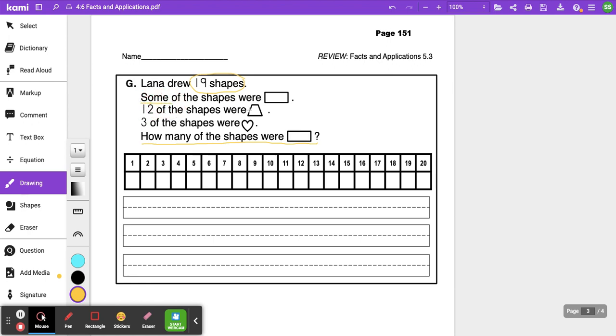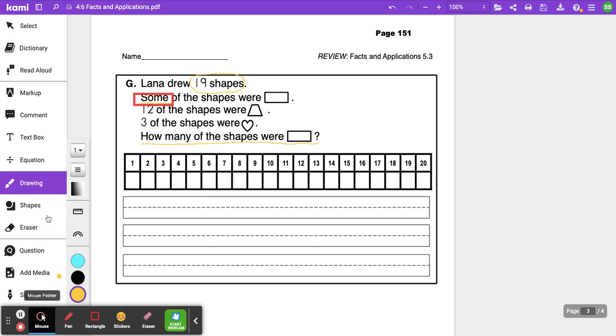Some of the shapes were rectangles. What was the important word here? Some. Ding, ding, ding. We should be hearing that. And also, some is not a number. So I know that's my answer box, my question box. I don't know that number. Some, a few, more, less. Anytime they don't give you the exact number, that's what I'm looking for.